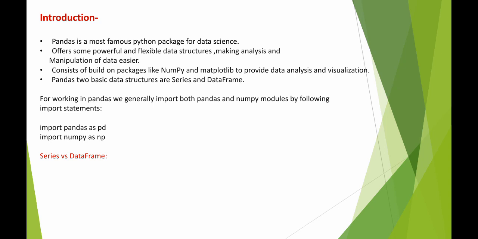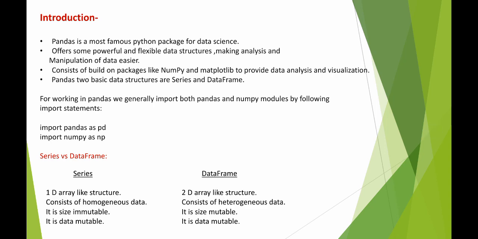Now let's discuss series versus data frame. We will be drawing some comparisons between series and data frame here. A series is a 1D array-like structure, so whatever we have studied in 1D arrays belongs to series, while a data frame is a 2D array-like structure.